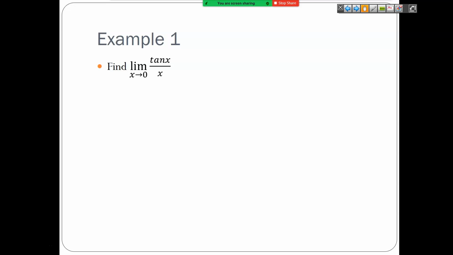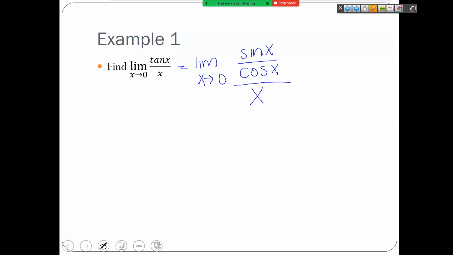So tan x over x could become sine of x over cosine x, all over x.